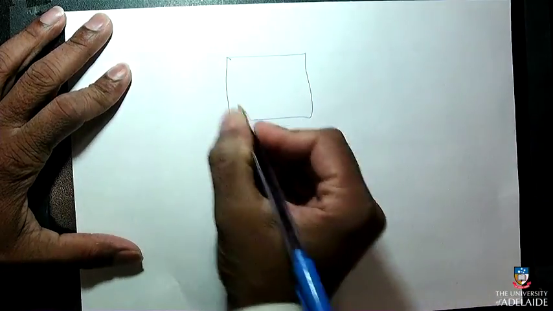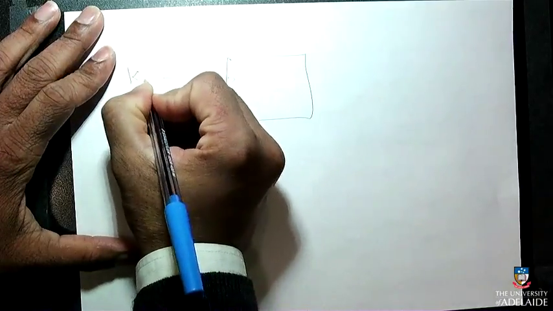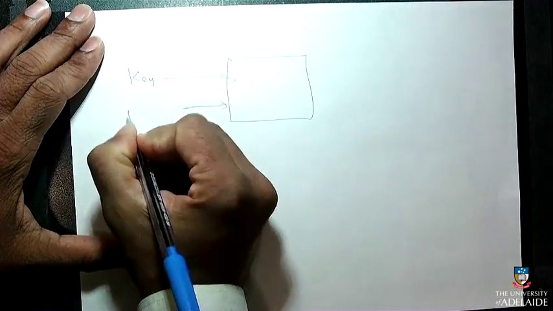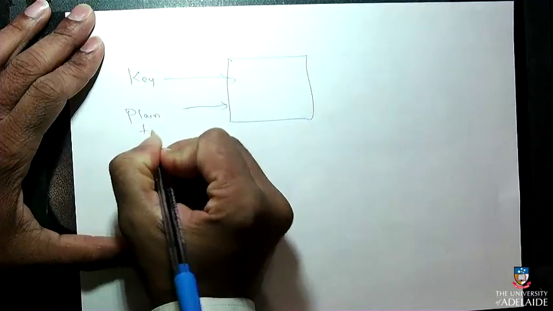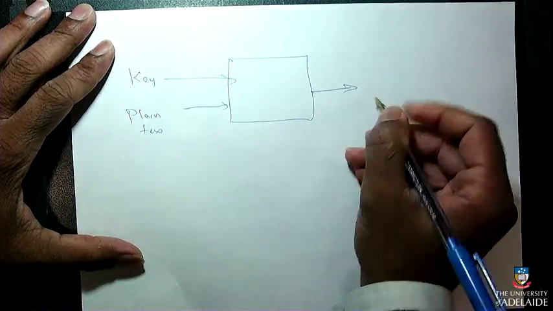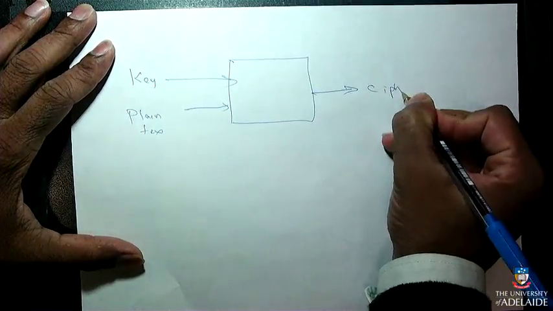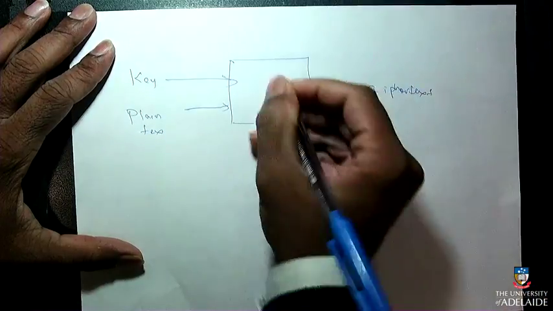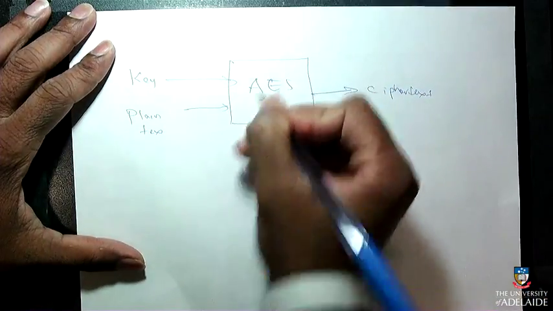The difference is simple. If it's a block cipher, you take the key and the plaintext and you get out ciphertext. This could be AES, for example.